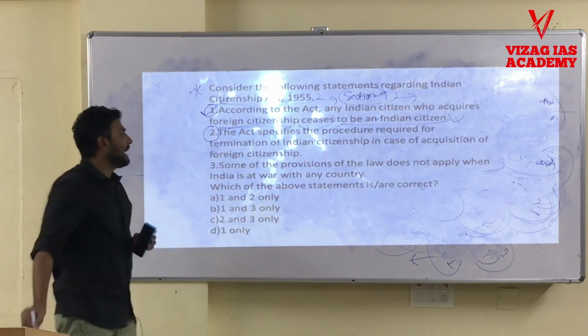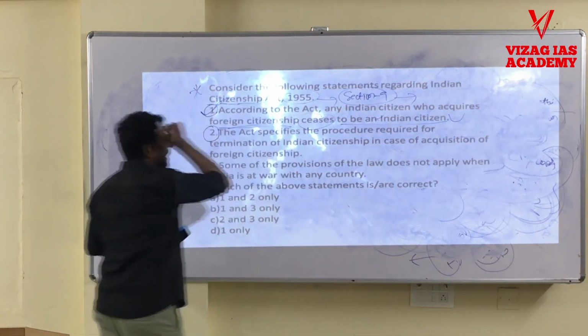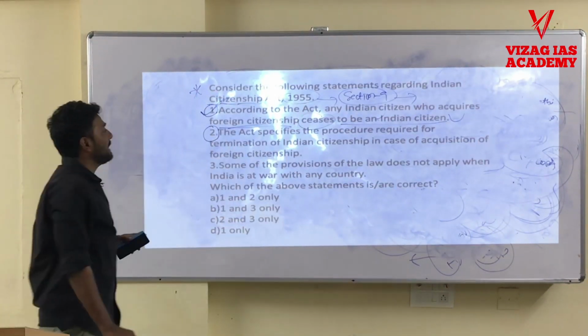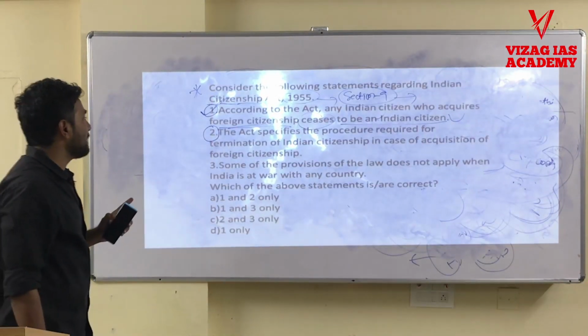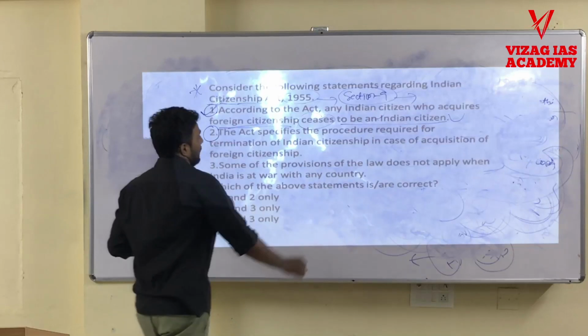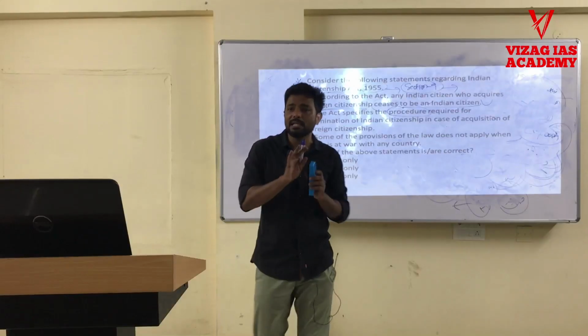Statement 2: the Act, which means the Citizenship Act of 1955, specifies the procedure required for termination of Indian citizenship in case of acquisition of foreign citizenship. Does it mention any procedure? No, it does not mention any procedure.